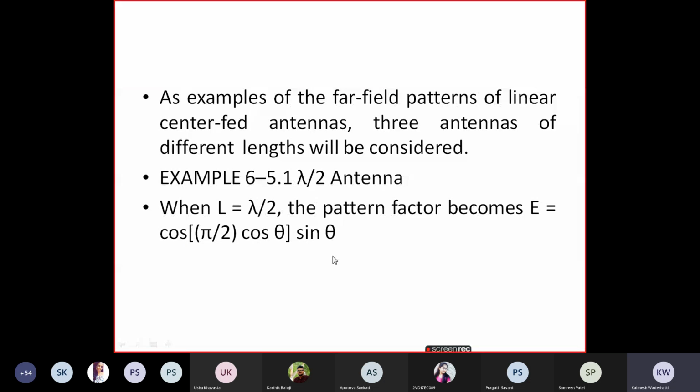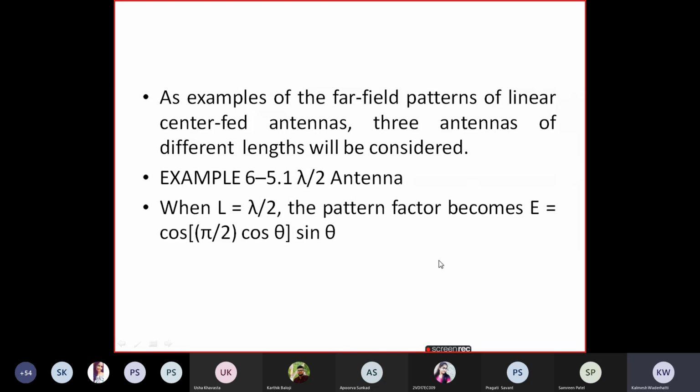With respect to this pattern, you need to determine the beam width as well as the radiation resistance. For the beam width we calculate the half power beam width, which is at 0.707 when the field is electrical or magnetic. When considering the power pattern, it will be 0.5.